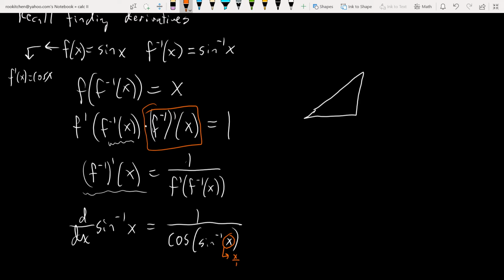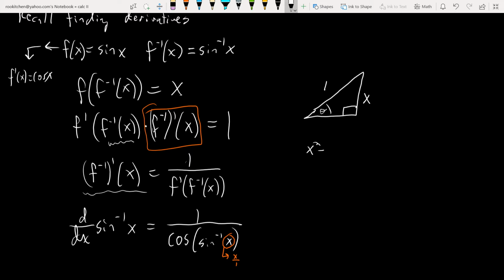Okay, so sine is opposite over hypotenuse, right? So if you look at a right triangle, the opposite of this angle here, which is sine inverse of x, is going to be opposite x all over hypotenuse 1, and then you could use the Pythagorean theorem to get that third side, right?